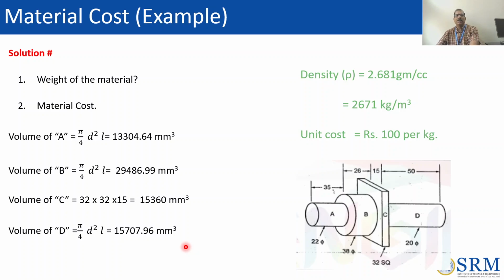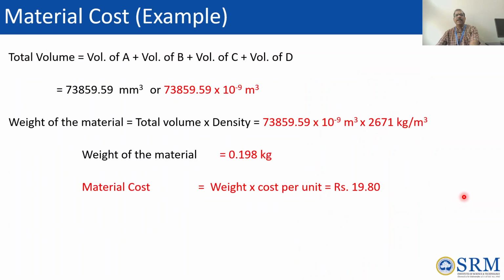Once we have calculated the volume for each block A, B, C, D, we sum them up to get the total volume in cubic millimeters. That is converted into cubic meters, then multiplied by our density value. So total volume times density gives the weight of the material, 0.198 kg.